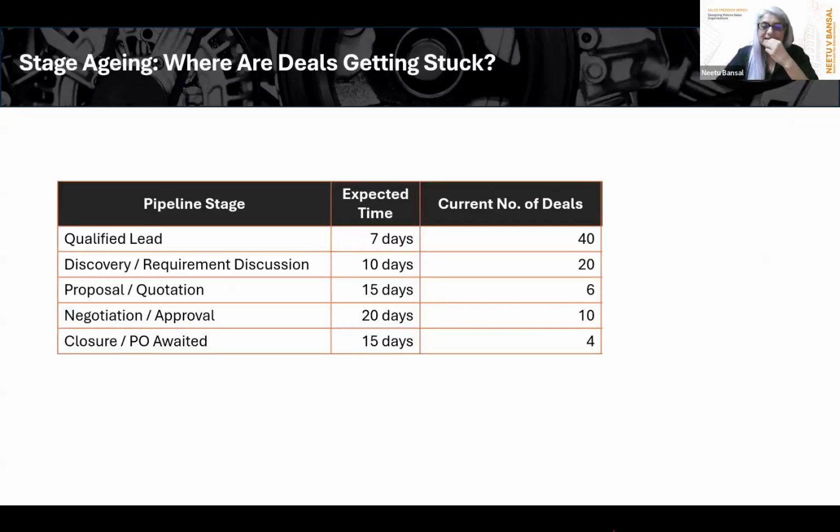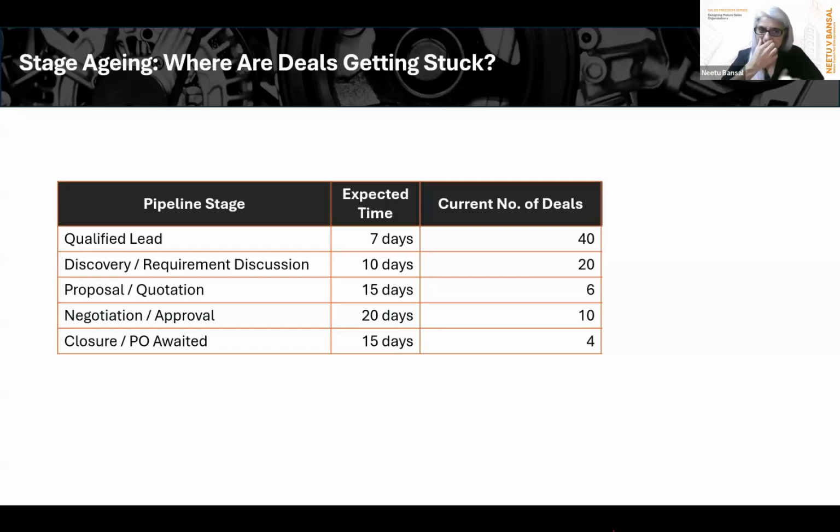Okay. Next, we are looking at where are our deals getting stuck. Now on your screen, we have different stages. I've set instead of the ACDR, I put qualified lead, discovery, proposal, negotiation, closure. Let's say ये आपका different stages है और आपने calculate करना है कि हर stage पे on an average, okay, how much time is spent.